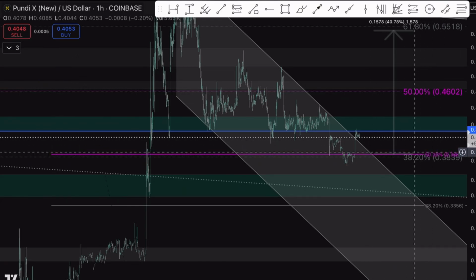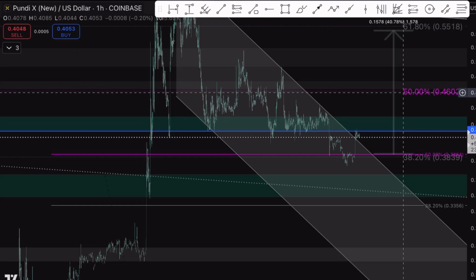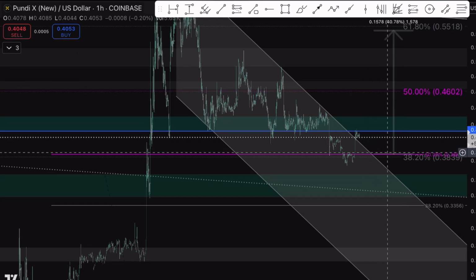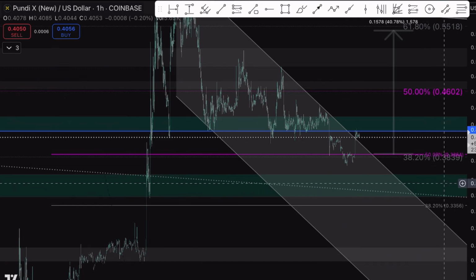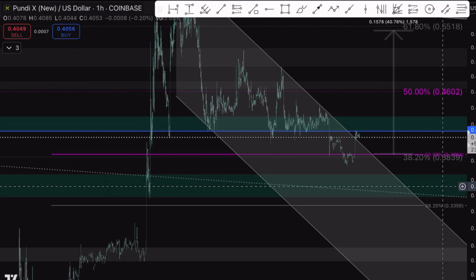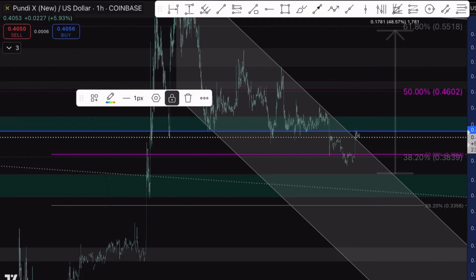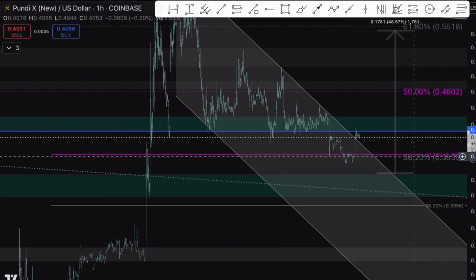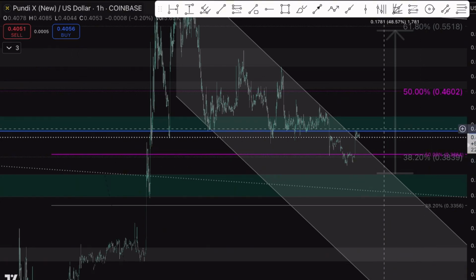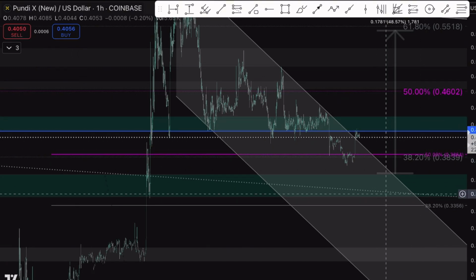So I want to see it come down to here and see if it can bounce, or is it going to come back down to this demand zone, which would be even better if it can do that. Yeah, that would be much nicer, and I would feel more confident about this demand zone than something that's in between two demand zones.